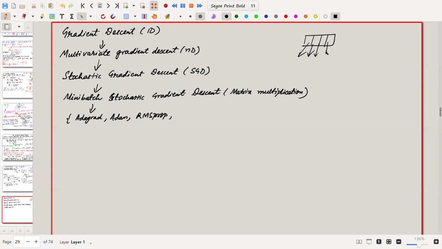Of course, if time permits, scheduling. This is where the optimization part will end. I hope you will let me cover up to this. This is what I want you to learn.